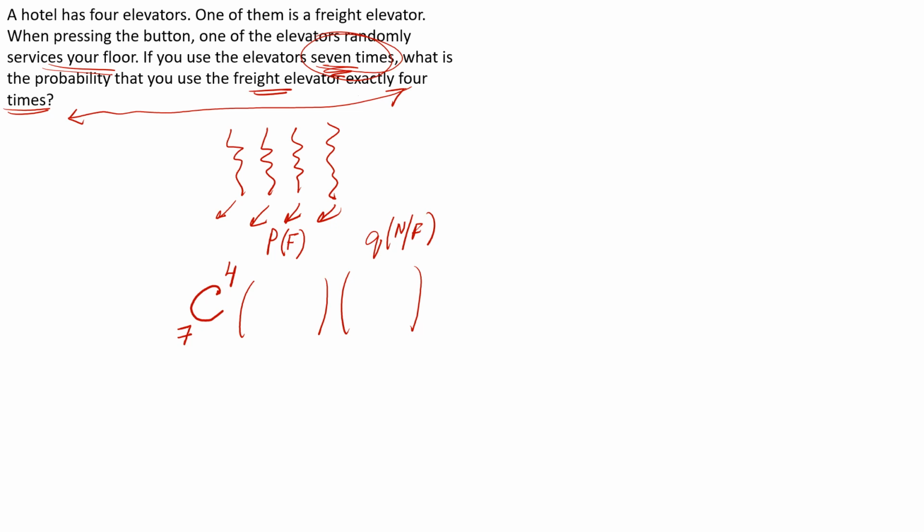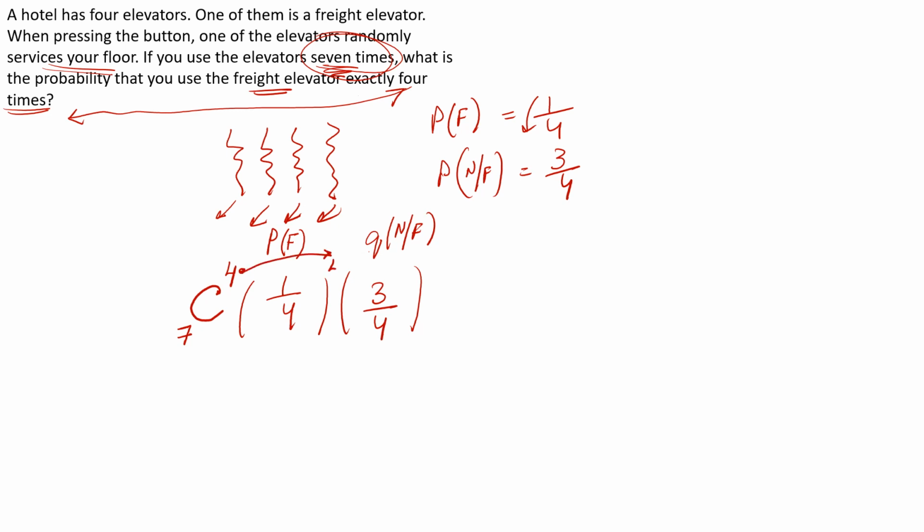So it means the probability of having the freight is 1 out of 4 elevators, and probability of not having the freight elevator is 4 minus 1, that is 3 out of 4. So in place of P, you will write 1 over 4. In place of Q, you will write 3 over 4. Now this 4, the power on the P value, and then 7 minus 4 gives you 3. It will come over here. Write it in the calculator and get your final answer.